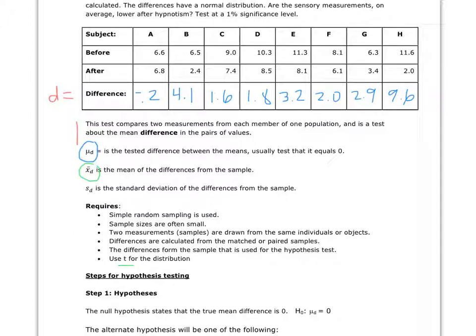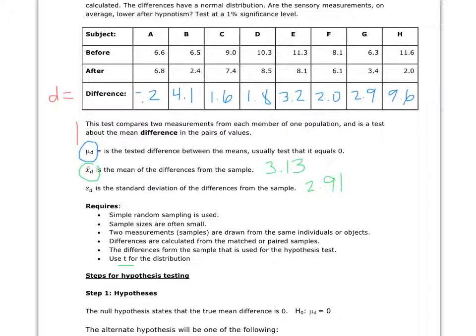Now we can calculate the mean of those differences, that's X bar D, and that is the value 3.13, and the standard deviation is 2.91. That is the mean and standard deviation of those differences.